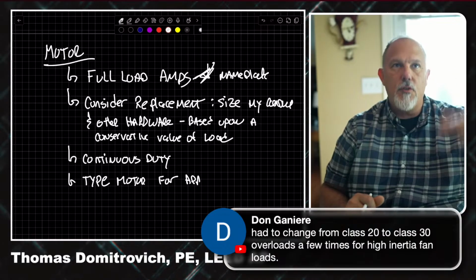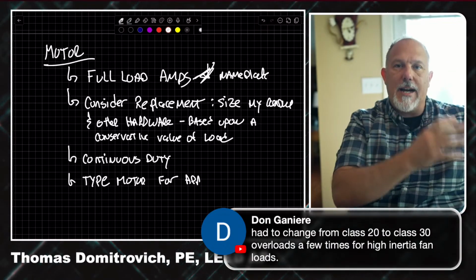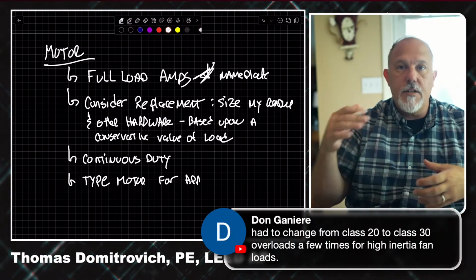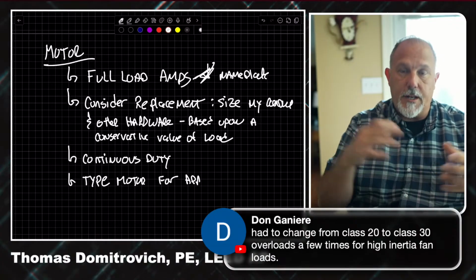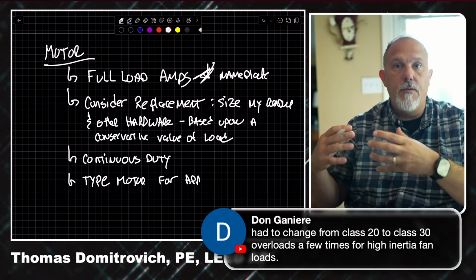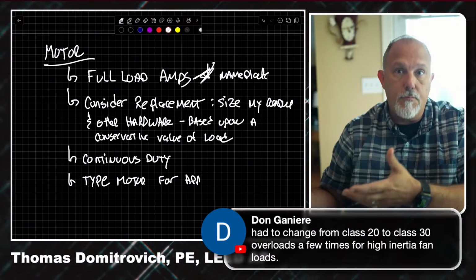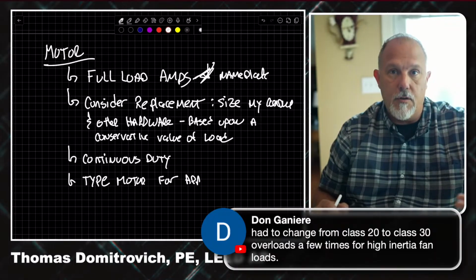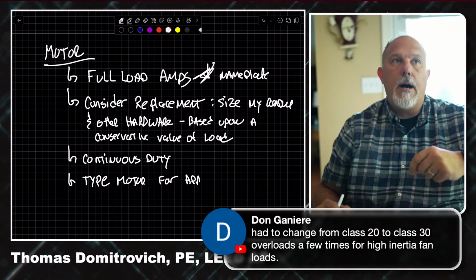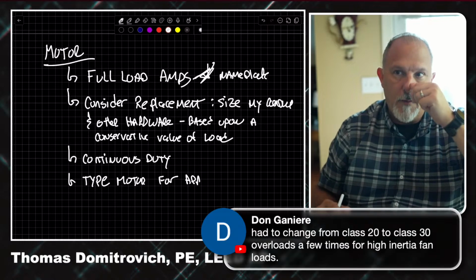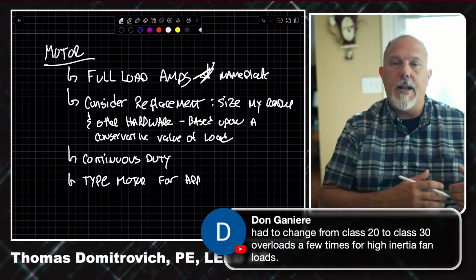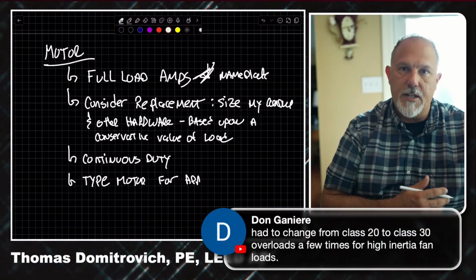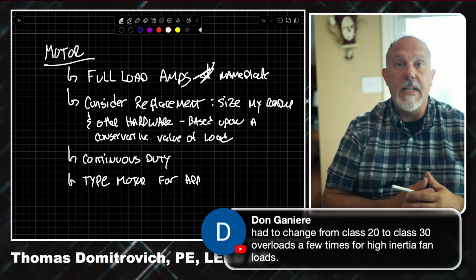That's a critical piece of this puzzle: we're going to size the infrastructure so that I can put the same horsepower motors in, but each motor may need different overload protection, overload sizes, because I don't want to trip the overloads. I also want to make sure that I size the infrastructure so that I don't have to change my overcurrent protective device upstream, which is, say, my circuit breaker or my motor circuit protector.